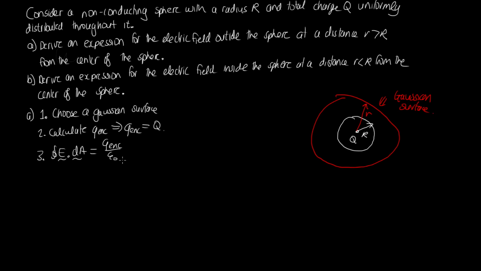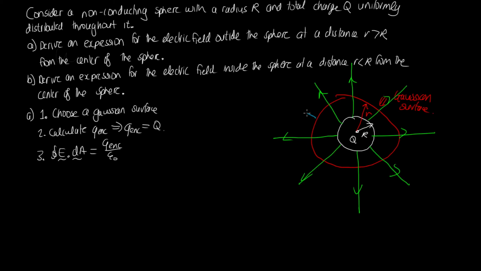Now, there's several things that we can note about our Gaussian surface and the electric field. Because this is a sphere, we'd expect our electric field lines to be moving out from it like this, evenly distributed. And we also know that dA is out perpendicular to the surface. So this is the direction of dA here.